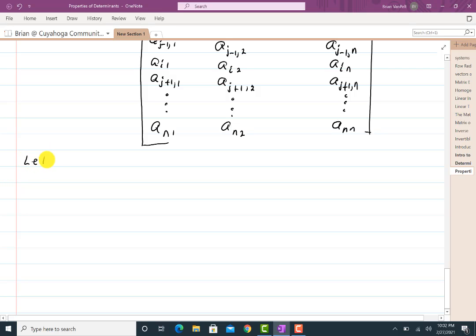So let L not equal I or J, so L equals neither one of them. Then if I take a look at the determinant of B, I'll expand along row L. All right, and let's see what we have. Same formula as before.